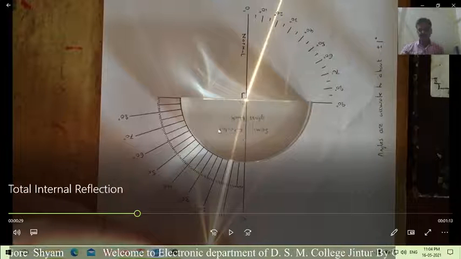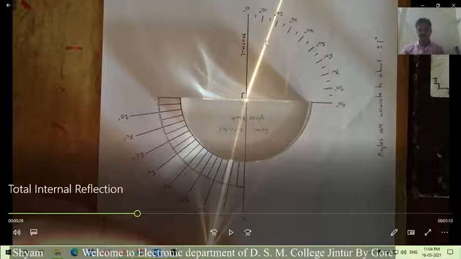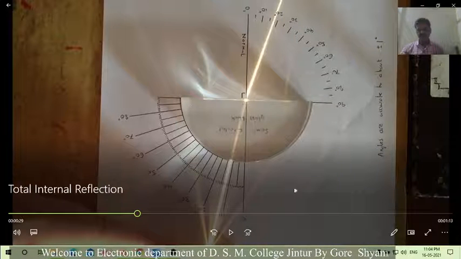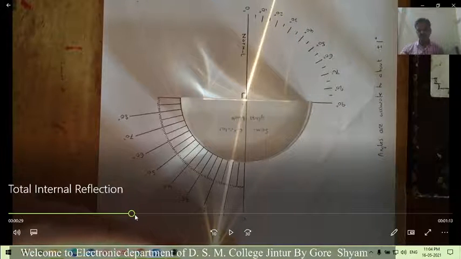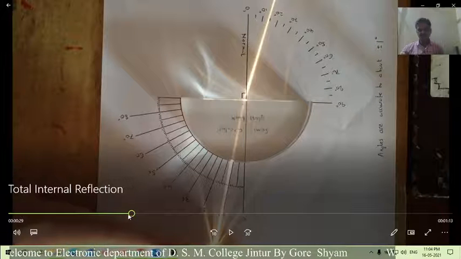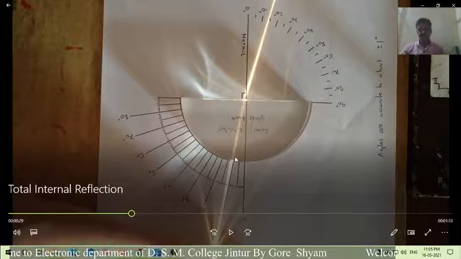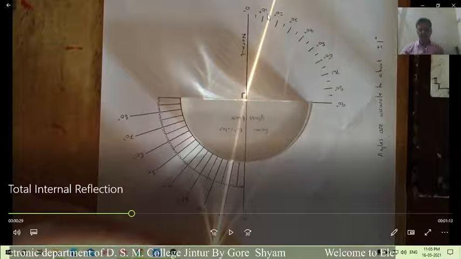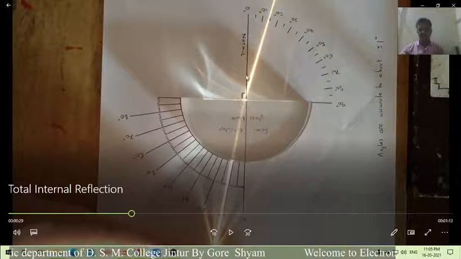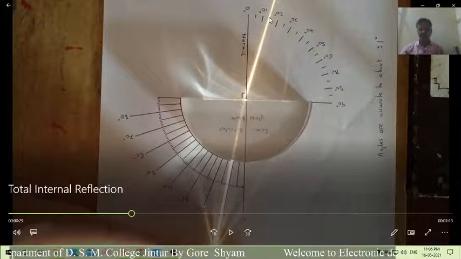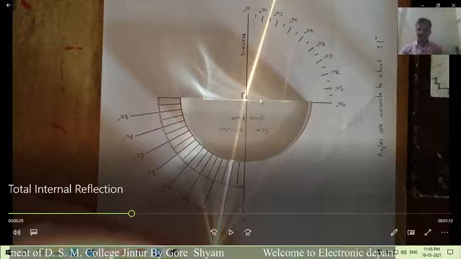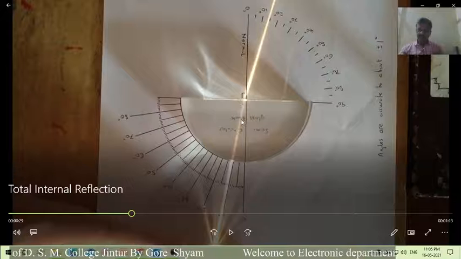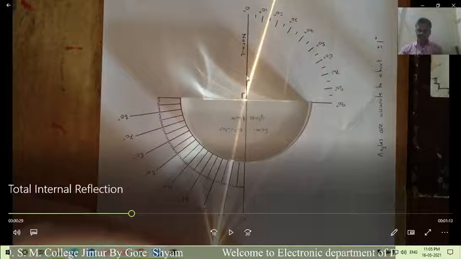This medium is the denser medium, this medium is the rarer medium, and this is the interface between the two mediums. The angle of incidence is equal to 10 degrees, and the angle of refraction is equal to 15 degrees. This angle is less than this angle.